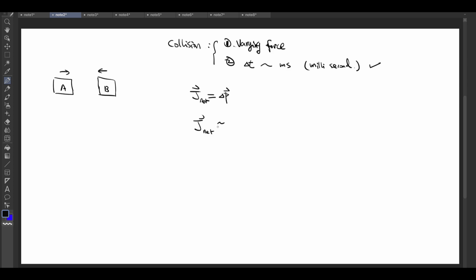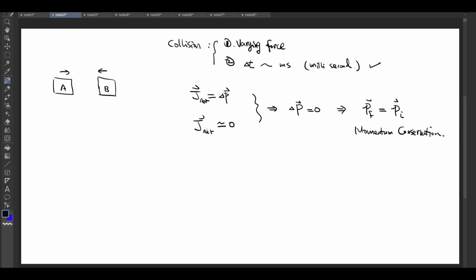We can say that it's almost zero, and then we have delta P equals 0, which means P final equals P initial. That is called momentum conservation. So in the collision process where two objects collide, it happens very quickly, and due to that condition, we can say there's momentum conservation.